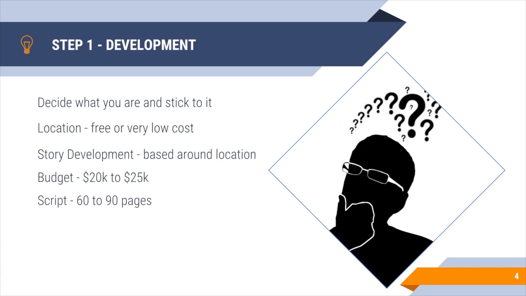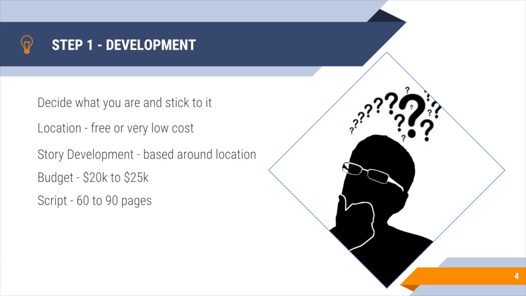All right, your script. Your script should be 60 to 90 pages. Now, most people know that most scripts are around 90 pages. Most movies are around 90 minutes. But in the low budget independent world, you don't have to make a 90-minute movie. Anything over 60 minutes is considered a feature.